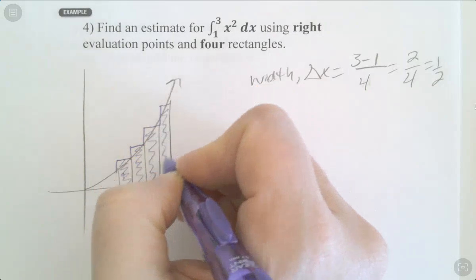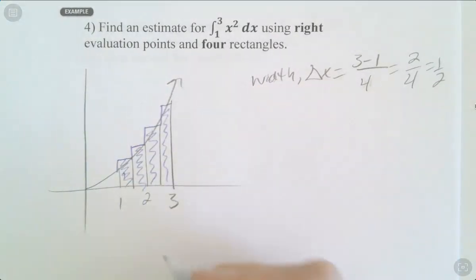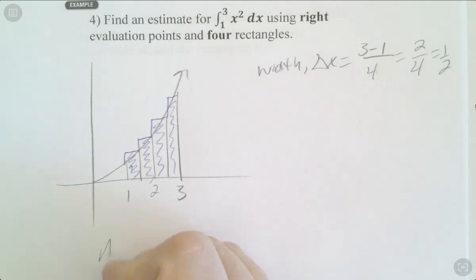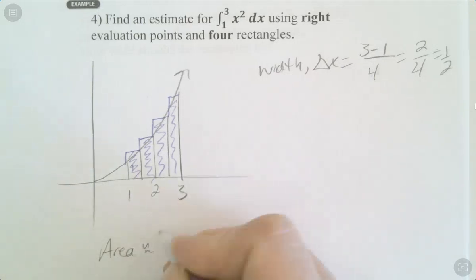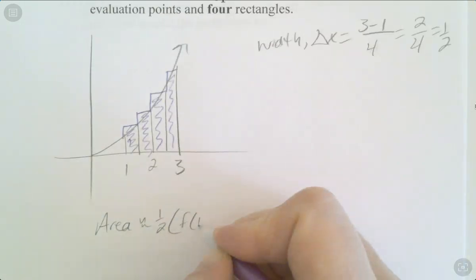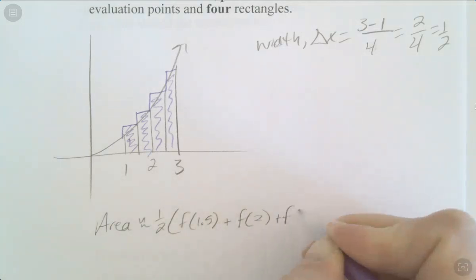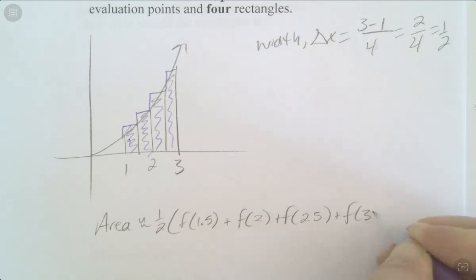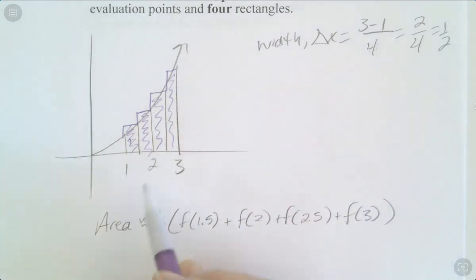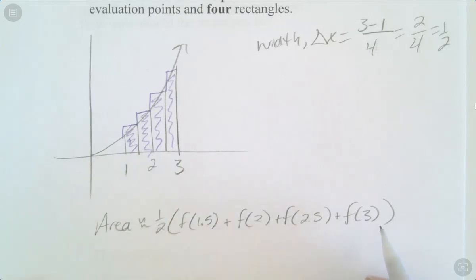All right. So now, if you want to skip that chart, you can just say, okay, well, the area is going to be approximately 1/2 times f of what? Yeah, f of 1.5. Whatever that is, plus f of, plus f of, plus f of. So notice in this one, I'm not using the 1, that was my lower bound, but I am using the 3, the upper bound, because I'm doing the right-hand rule.